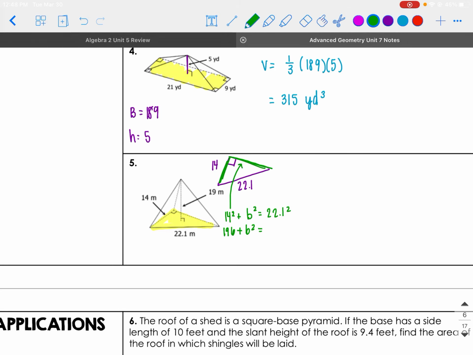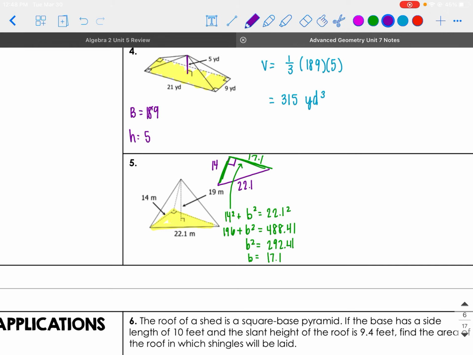So then I multiply those out. Subtract the 196. And then when I take the square root, I get 17.1.